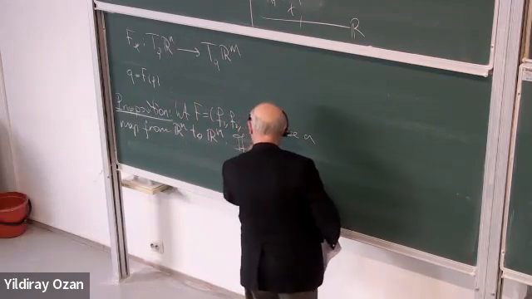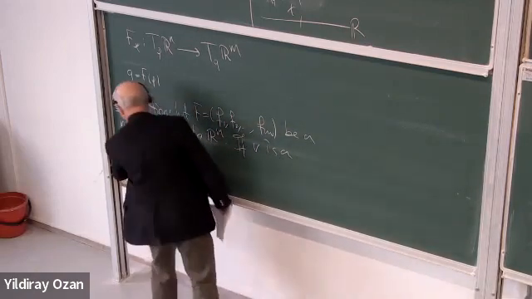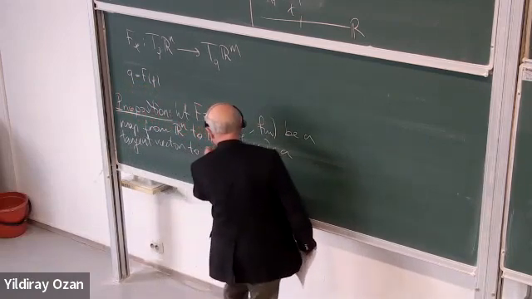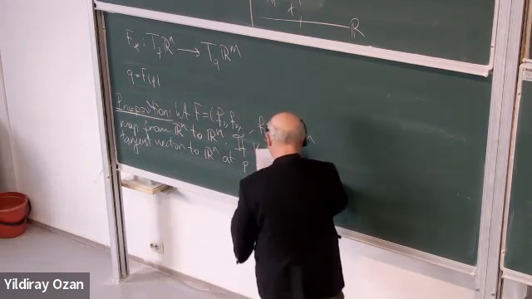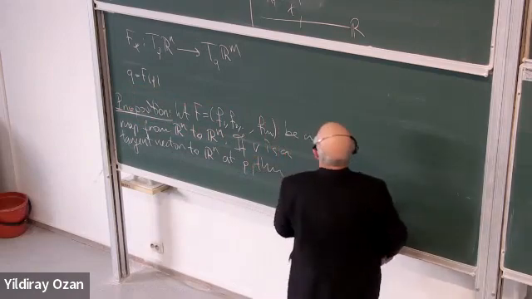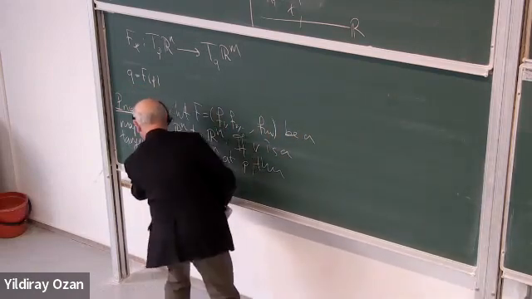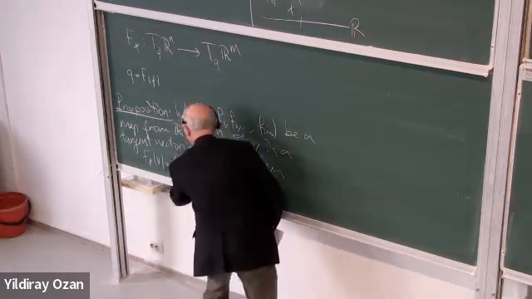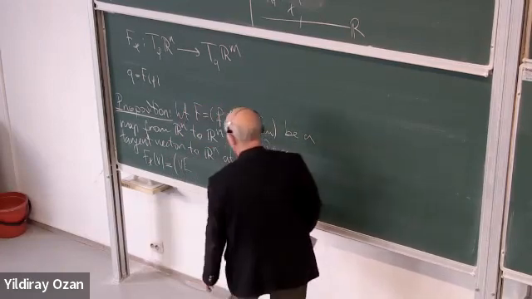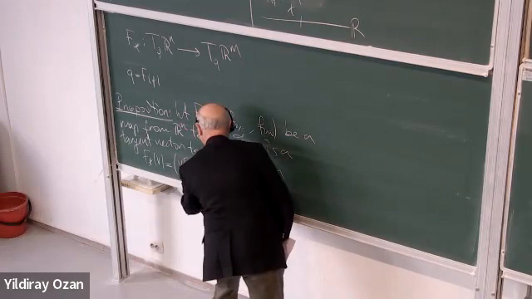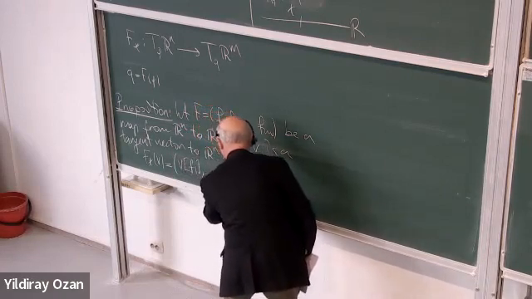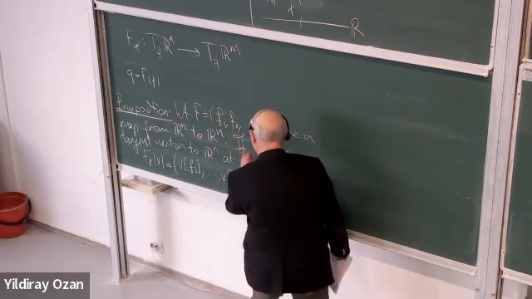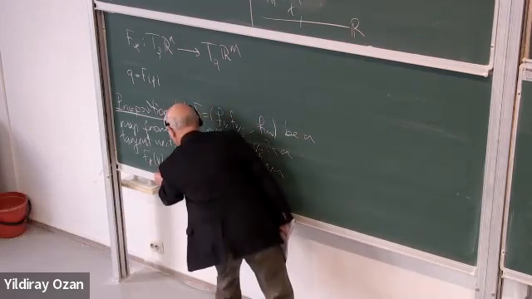If v is a tangent vector to Rn at P, then f star v is nothing but the vector (v_P of f1, and so on up to v_P of fm). Of course, maybe I should put this P here.